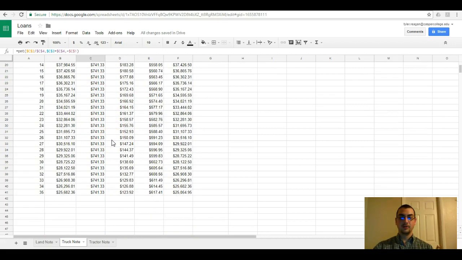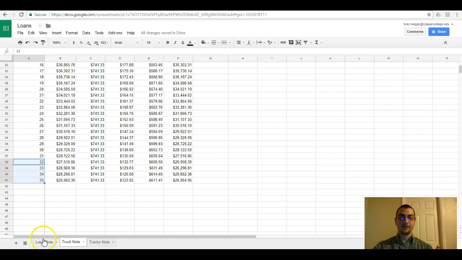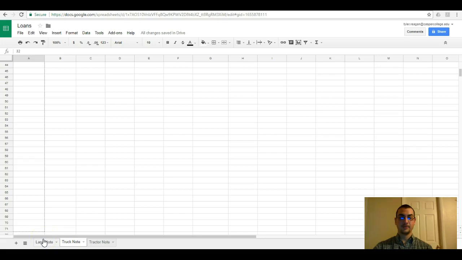But what you want to notice is that at the end of the 35th term, you still have a remaining balance on your vehicle. Well, that would make sense because we're making 72 payments, not 35. So in this scenario, you want to drag those terms, those number of payments, on down. All right, that's 70, 71, 72.